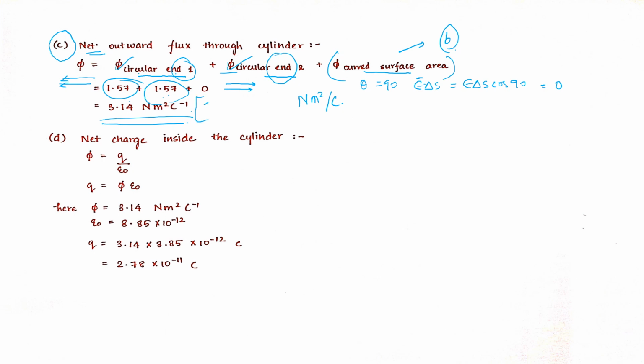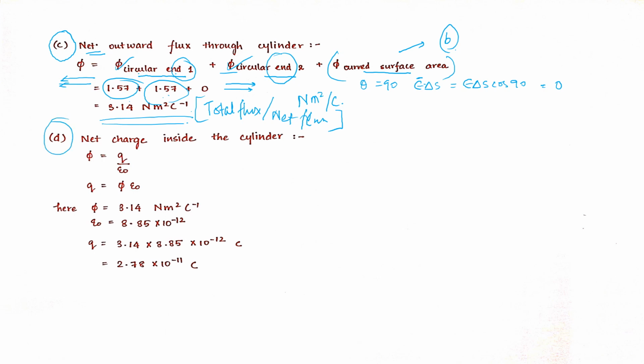This is the total, or net, flux through the cylinder. So how can we find the net flux in a given system? By taking the flux from all the sides that the system has, and adding them, we can find the total flux on that system.